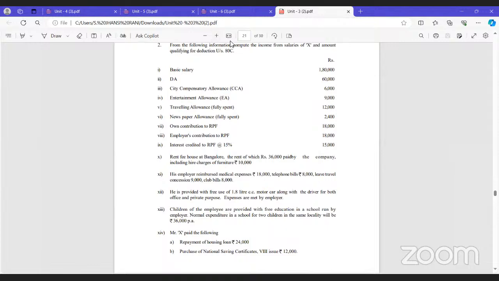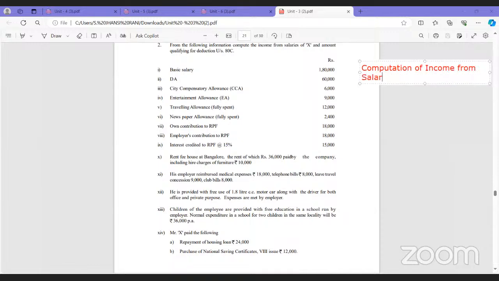We'll write like this: Computation of income from salary of Mr. X for the assessment year 2023-24. This is the heading. You have to write it.